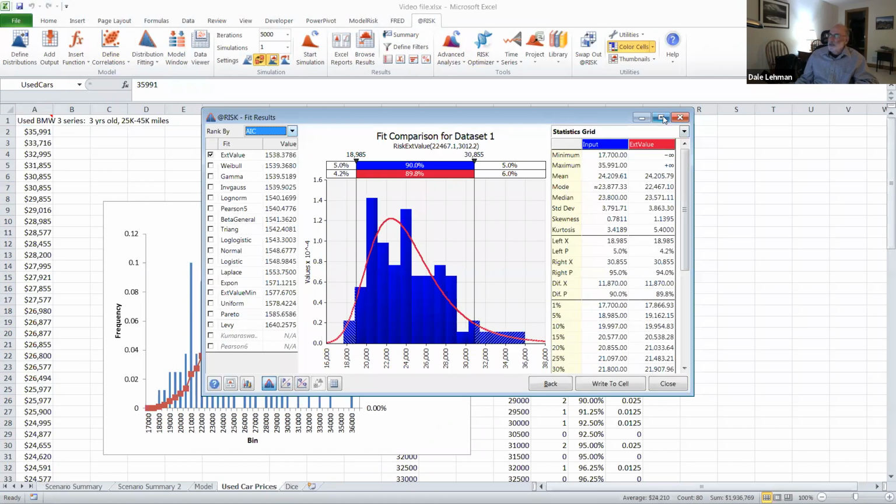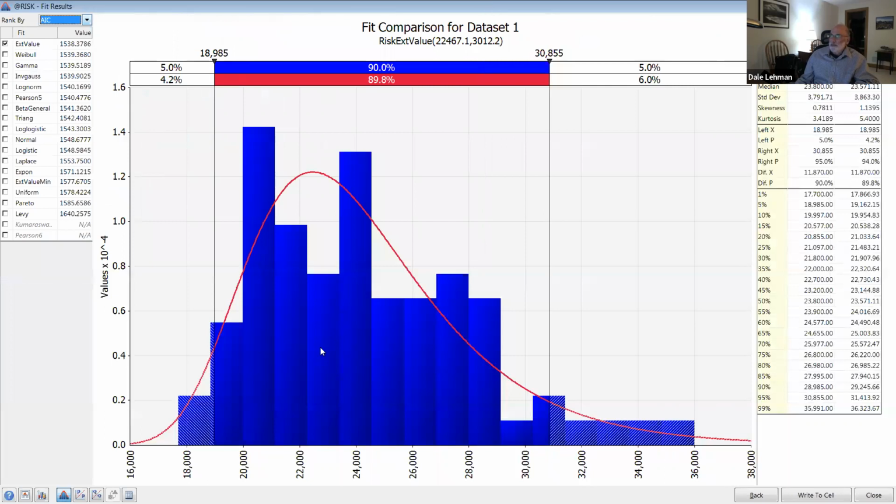And let's make this big so we can see what it's doing. So it has different criteria for fitting distributions to the data, based on basically how close the actual data, the blue bars, are to the curve. And even though it's a mathematical calculation that ranks these distributions, you should always look at it visually to see if you like the description.